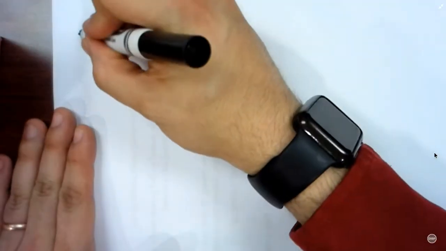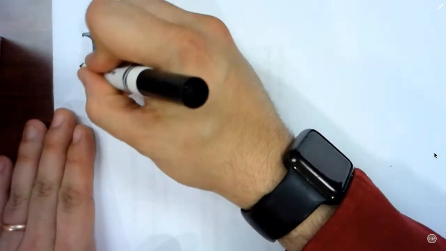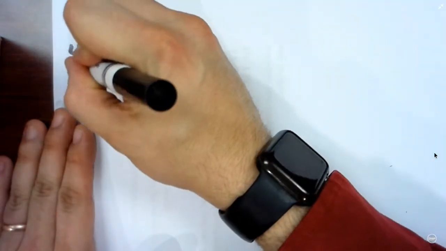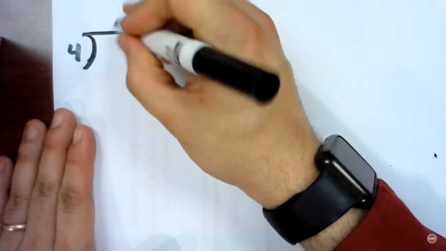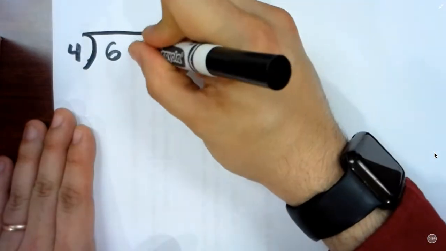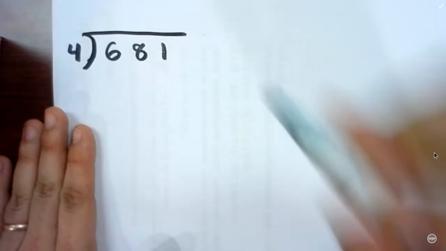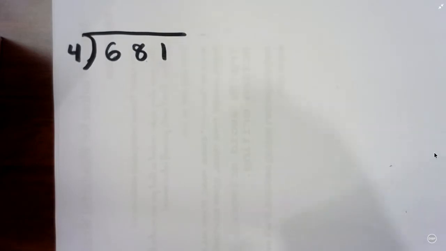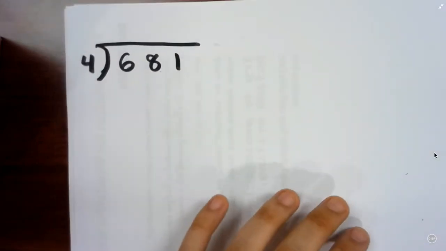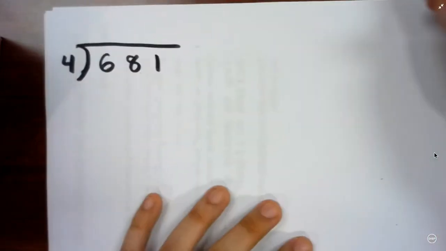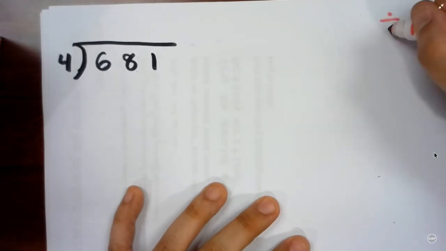So here's the problem that we're going to solve here. Let's do 4 into 681. All right, so copy that down, and I'm going to again put my letters over here. Actually, I'm just going to use the symbols.